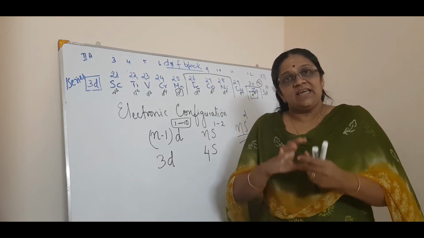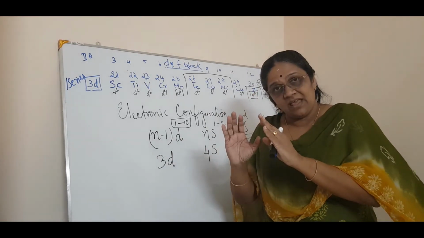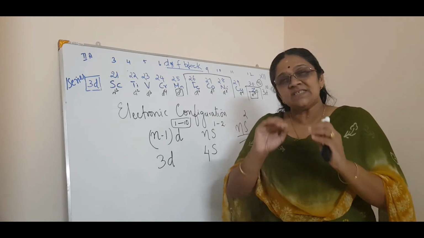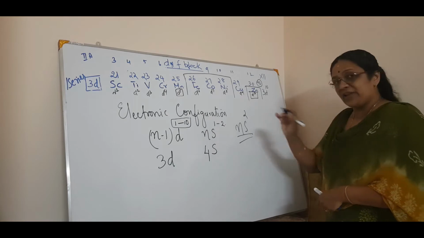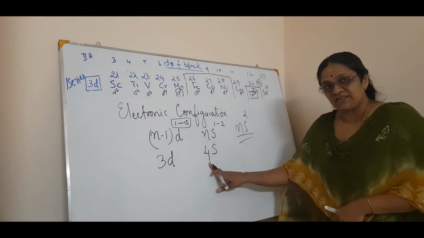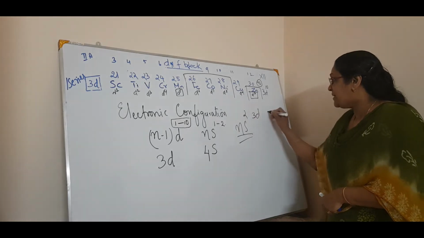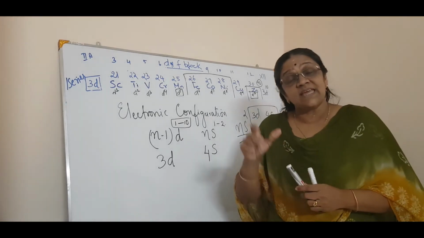The (n-1)d orbital and the ns orbital have almost the same energy. For example, the 3d and 4s orbitals have almost the same energy.